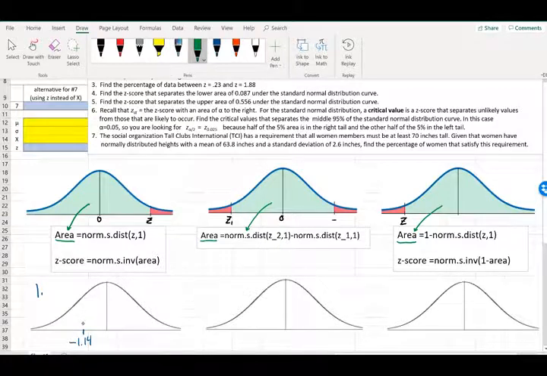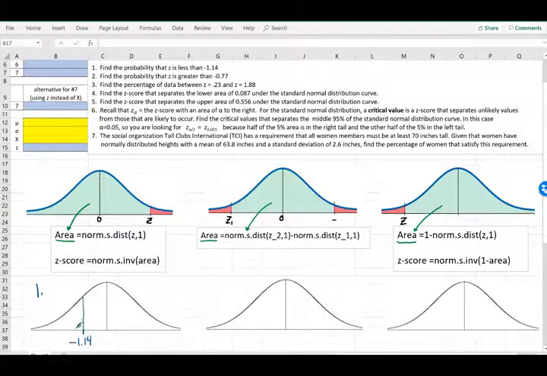So we want this area to the left of negative 1.14, and for that we're going to use this Excel function here, equals NORM.S.DIST. That's the normal standard distribution function.